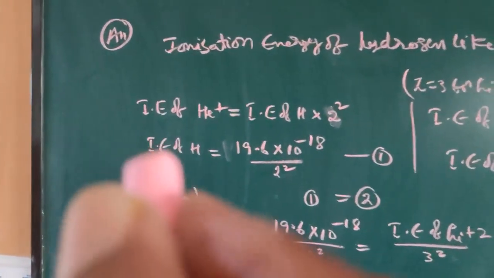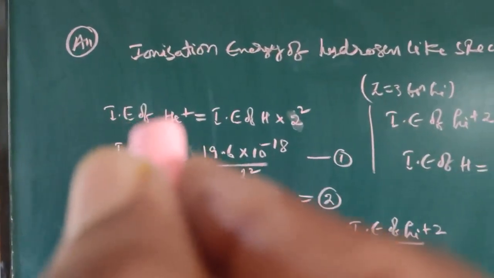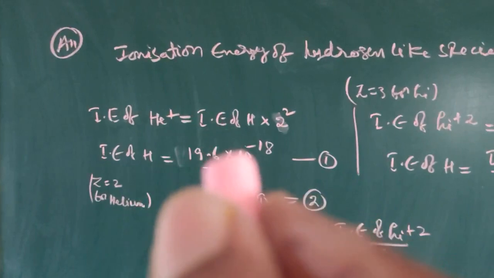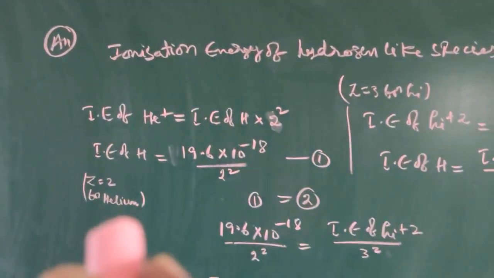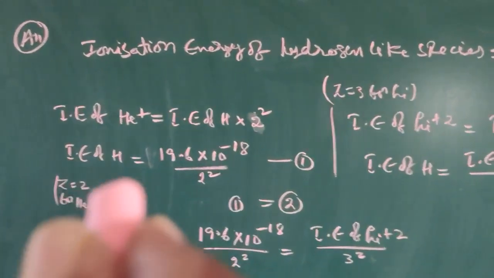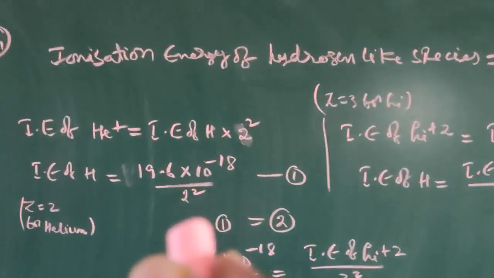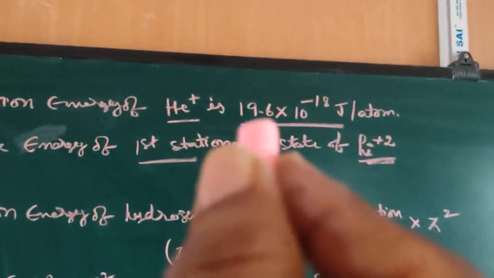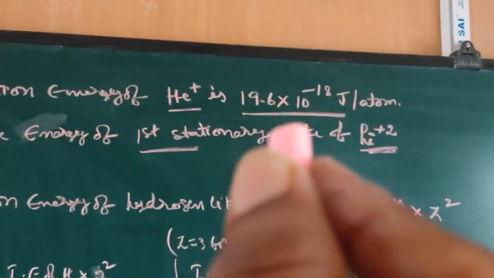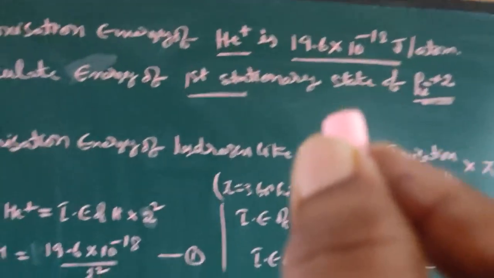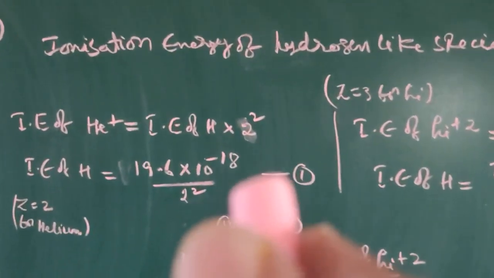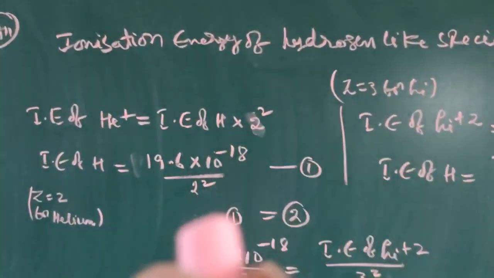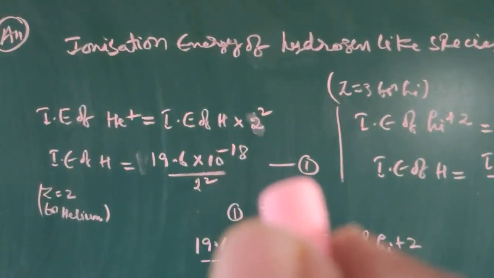So the ionization energy of helium plus is equal to the ionization energy of hydrogen into 2 square, because Z is equal to 2. Then the ionization energy of hydrogen is equal to the given value 19.6 into 10 power minus 18 by 2 square. This is equation 1.